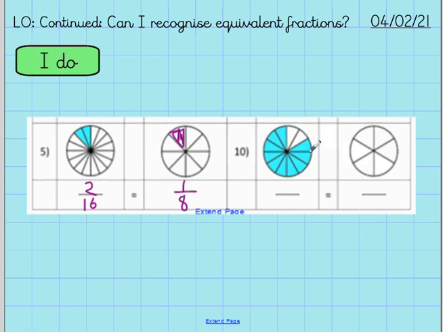1, 2, 3, 4, 5, 6, 7, 8, 9, 10, 11, 12. So our denominator is going to be 12. How many pieces are we looking at this time? 1, 2, 3, 4, 5, 6, 7, 8, 9, 10. So we're looking at 10/12 being represented by that picture there. So let's make this the same.